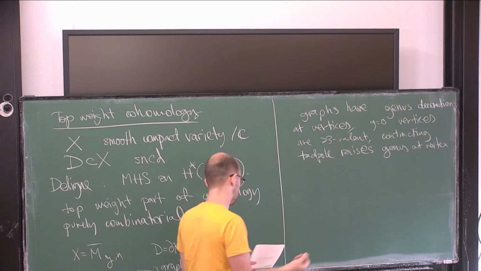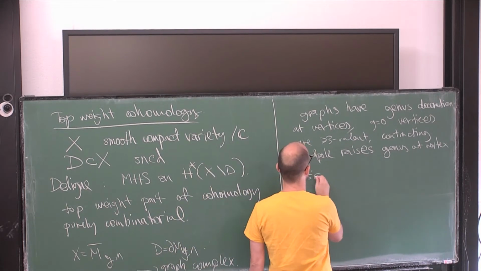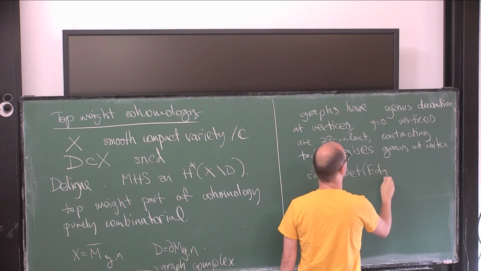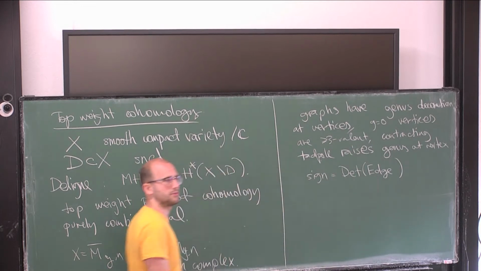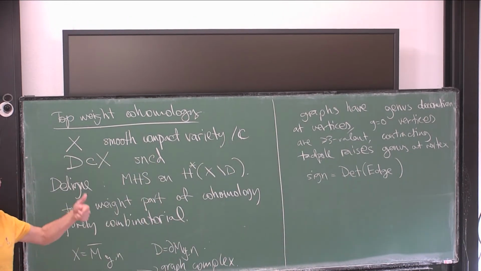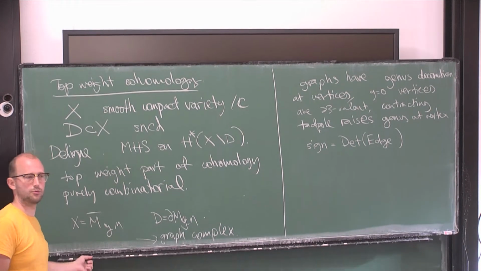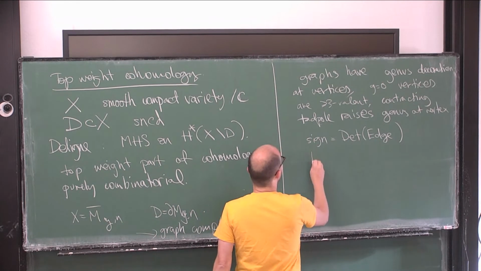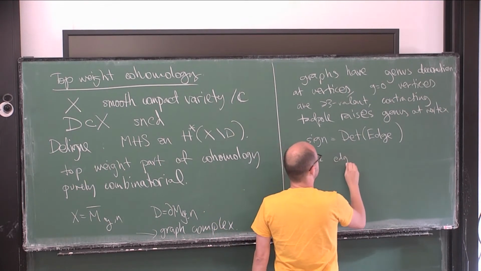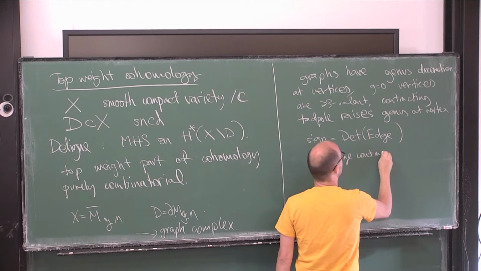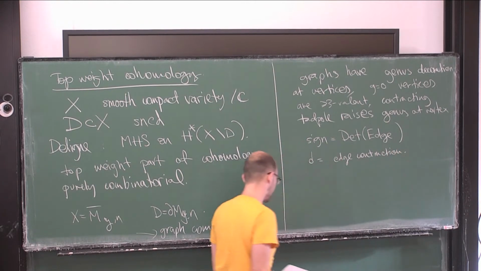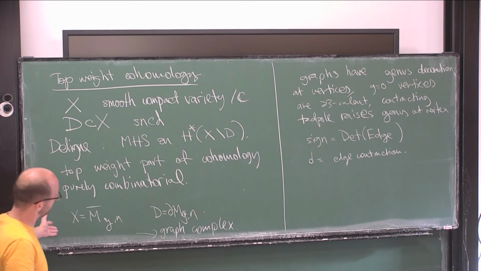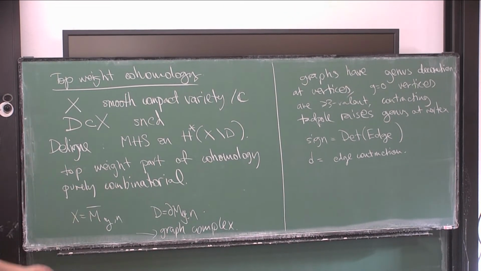And there are signs involved as always. You take the set of edges and you give it a sign, where you have an automorphism that swaps two edges, that gives a minus sign. The differential is edge contraction. So that's the graph complex that just falls out of the general picture.